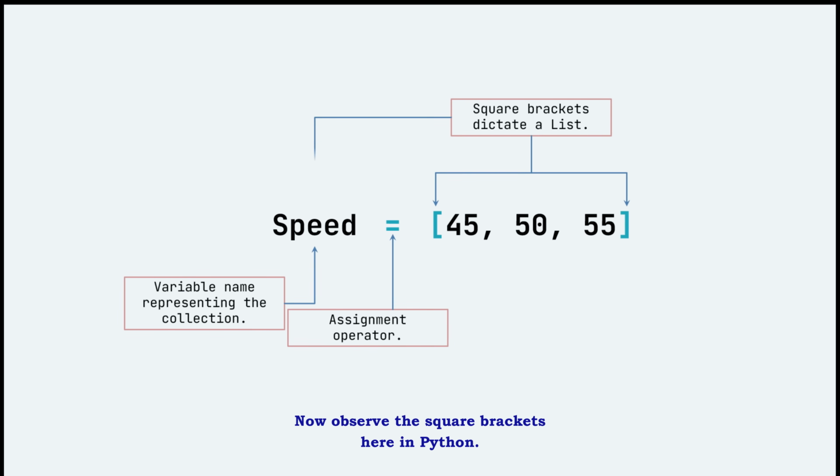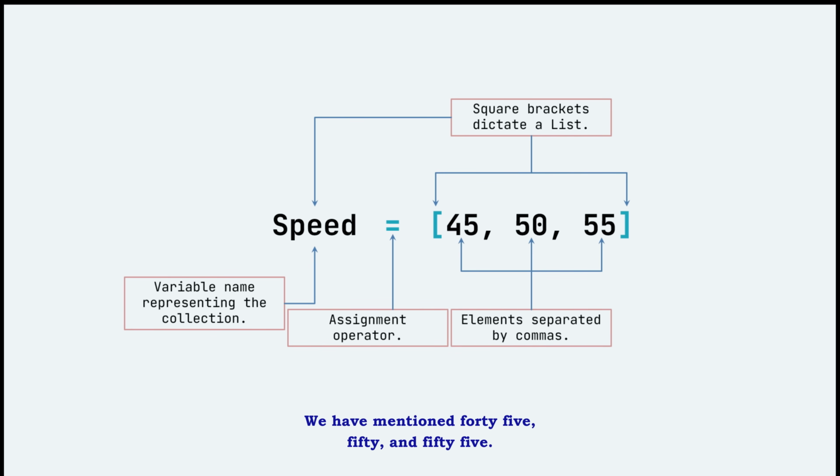Now observe the square brackets. Here in Python, square brackets represent a list. Whenever Python sees square brackets containing multiple values separated by commas, it understands that this is a list. Inside the bracket, we have mentioned 45, 50 and 55.